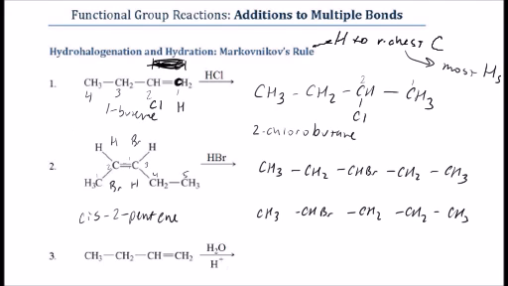Because there isn't a richest carbon. They both have 1 hydrogen. So it can add either way. So in this case, we're going to have 2 products in appreciably equal concentrations. And in either case, we have to name them. They're both pentanes, but on the top we're going to have a 3-bromopentane.